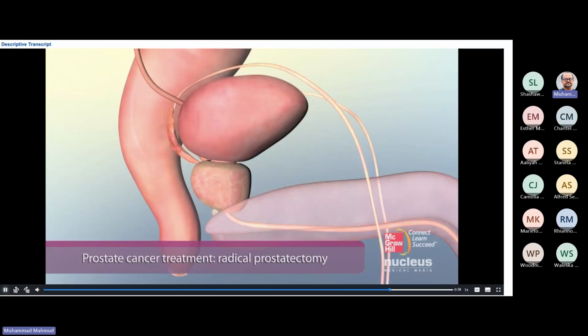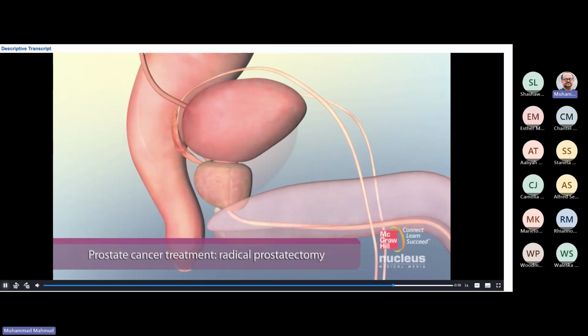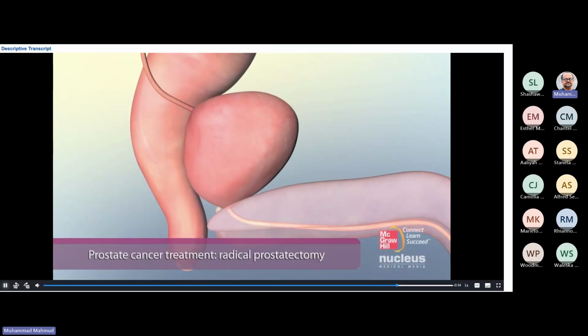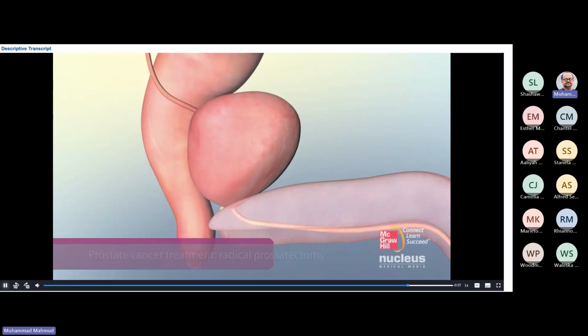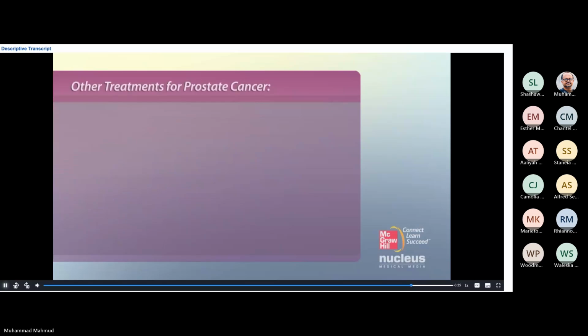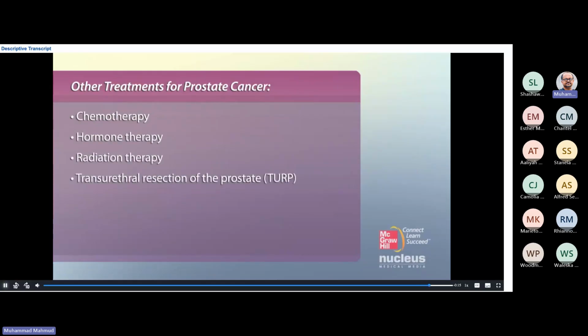One treatment for prostate cancer is radical prostatectomy, a procedure in which the entire prostate and select surrounding tissues are surgically removed. Other treatments for prostate cancer include chemotherapy, hormone therapy, radiation therapy, and other surgical procedures such as transurethral resection of the prostate or TURP.